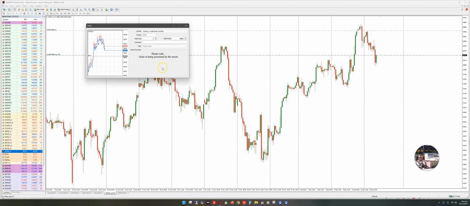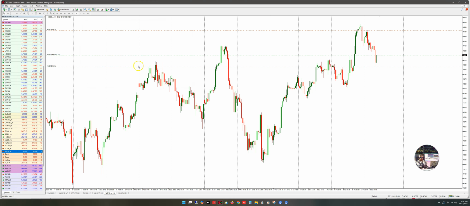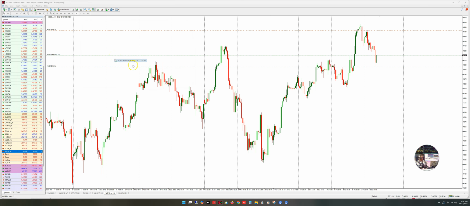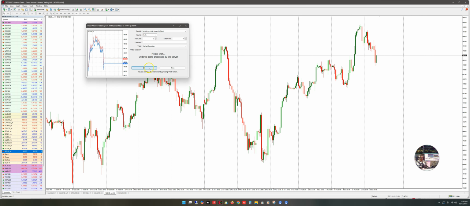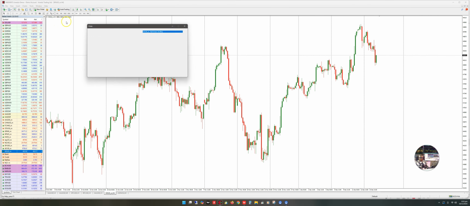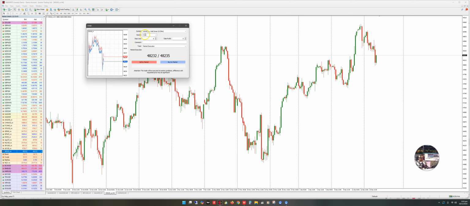Now, if I was to join this same market with a bigger lot size, what I just did was the micro lot size. Let's use the lowest mini lot size, which is 0.1.